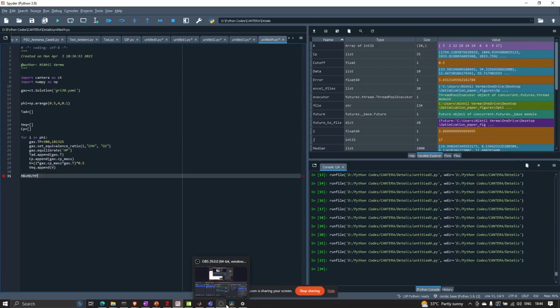So to get the mixture ratio, this is 4 divided by 5, right, for methane. So let me stop sharing from here.